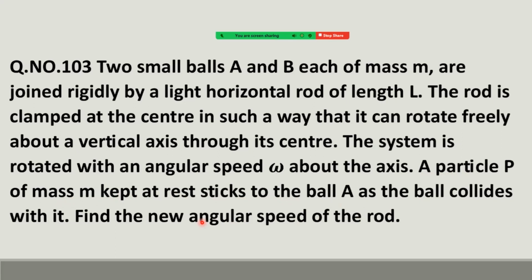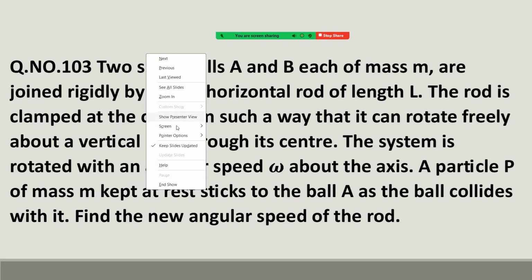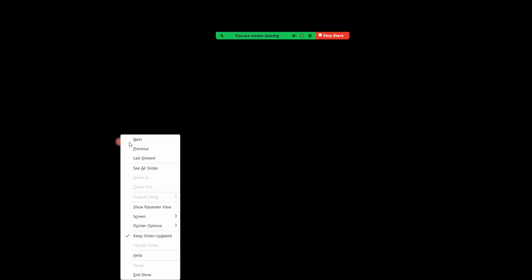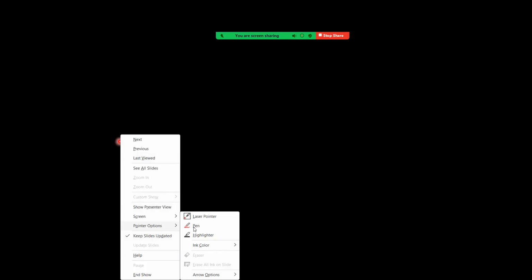Okay, see how to solve it. So the condition given is that we have 2 point masses.